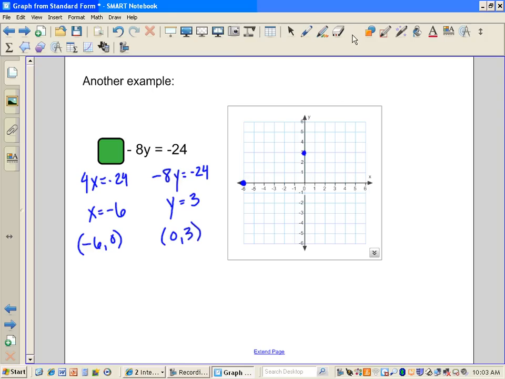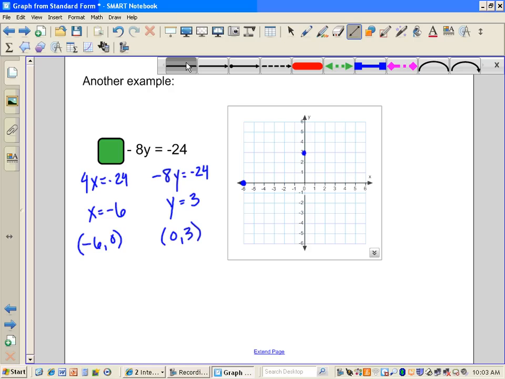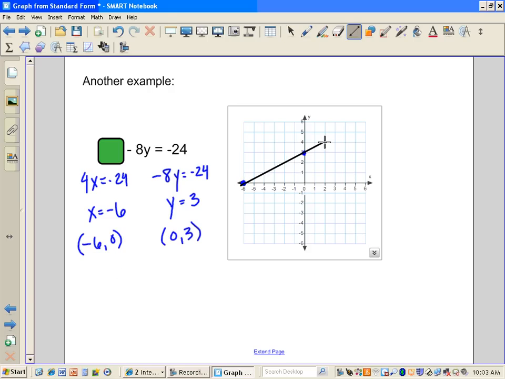There are my 2 points. There's my line. That line is not very good. Let's get a better line. It's a little bit better. Okay? So, isolating x's and y's to get the intercepts.